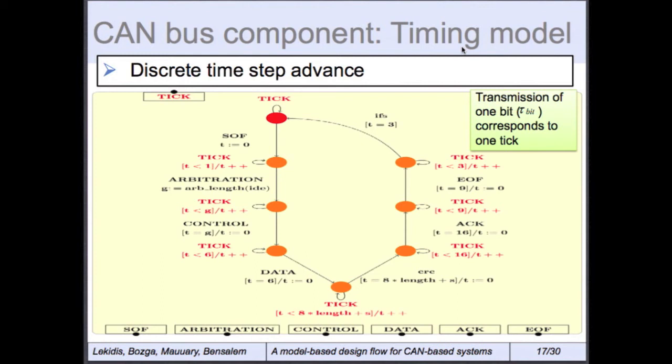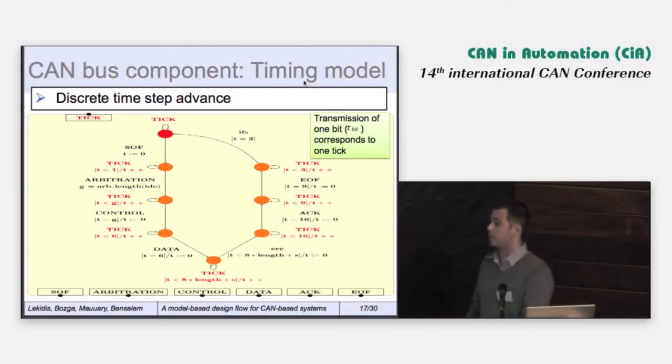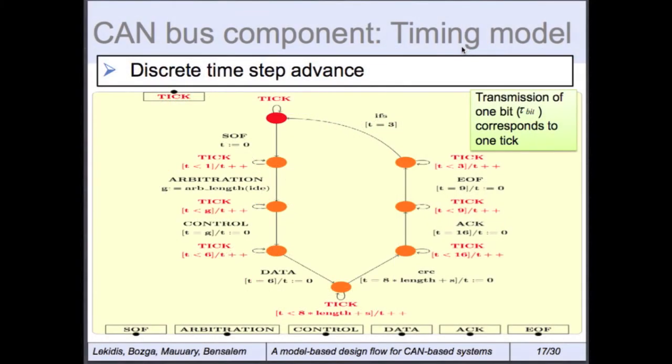Tick is a time unit, and here it is denoted by the port tick, where you can see that each transmission of each field will take a fixed number of ticks. In this case you can also see that bit stuffing is taken into account, but I will not go into further details about this.